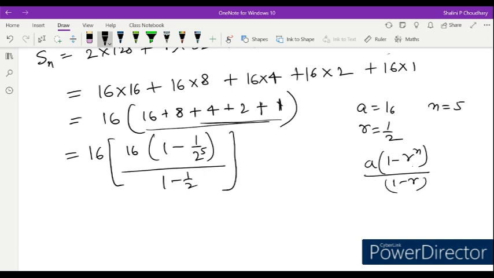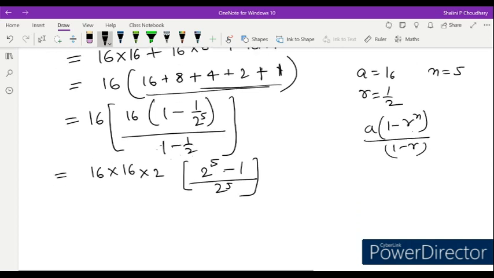So this will be equal to 16, and this is 2 minus 1 divided by 2, so this will be 2. So 1 upon 2 in division becomes 2 in multiplication, and then 2 to the power 5 minus 1 divided by 2 to the power 5.